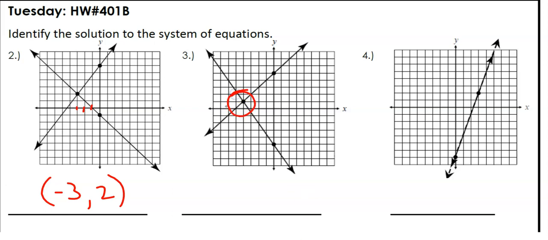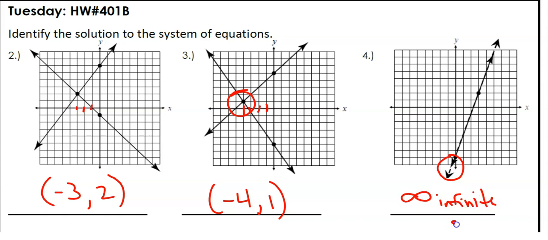For this question here, our point of intersection is (-4, 1). And for the fourth question, you'll notice down here that we have an overlap in our lines. So if these two lines are overlapping, that means that they have infinite solutions. So you can use the math symbol, or you can write it out in English, infinite solutions.